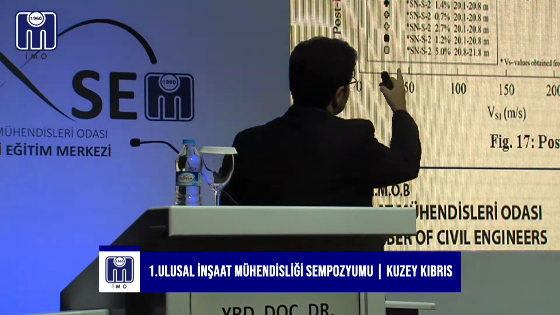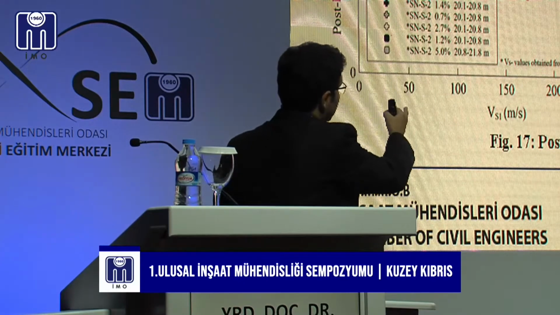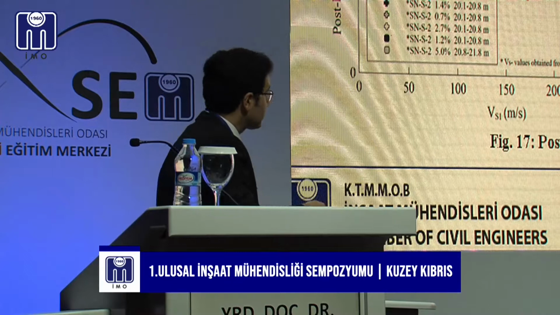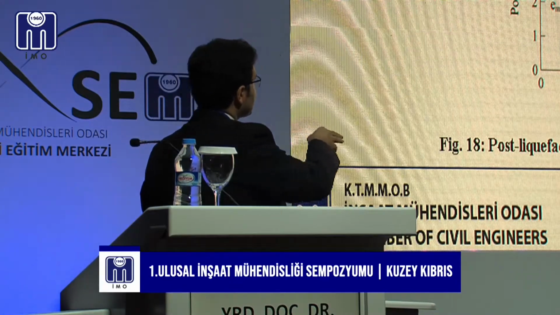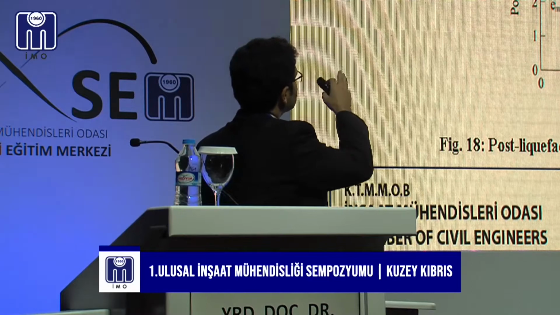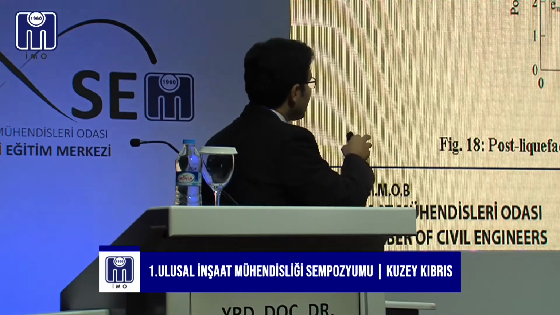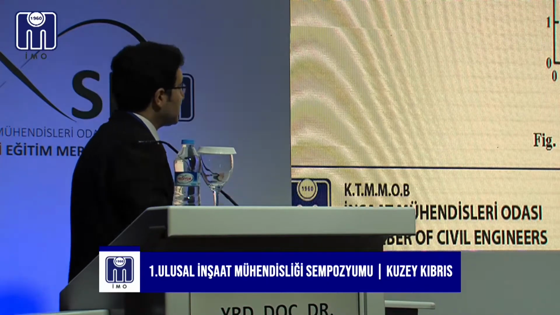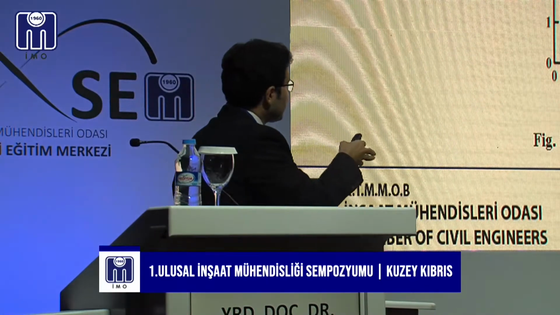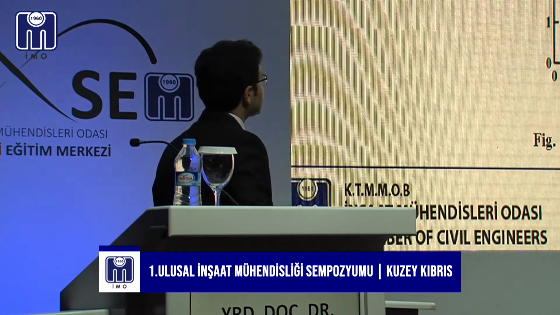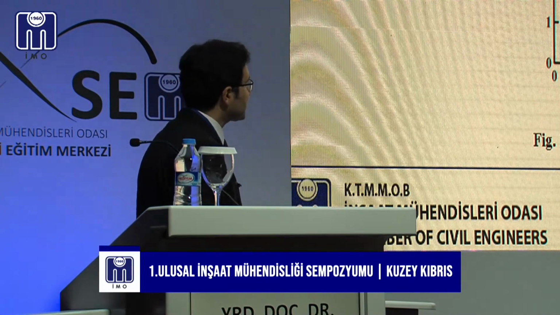This is the undisturbed clean sand. This is related to the undisturbed silty sand. And this is related to the curves proposed for the reconstituted silty sand and reconstituted clean sand. And this is the summarized curve we get from the chart of post-liquefaction volumetric strain versus shear wave velocity.